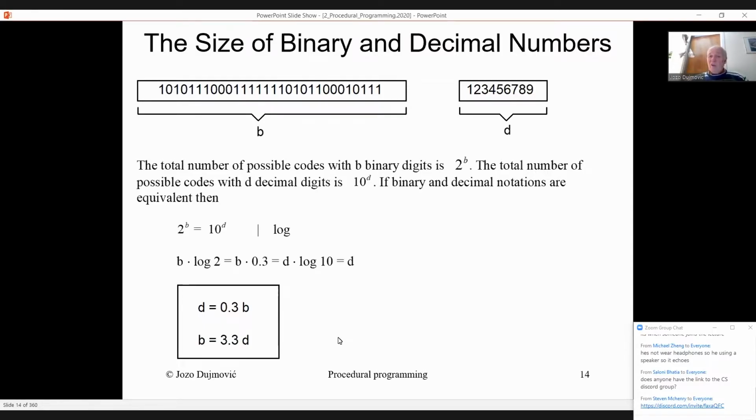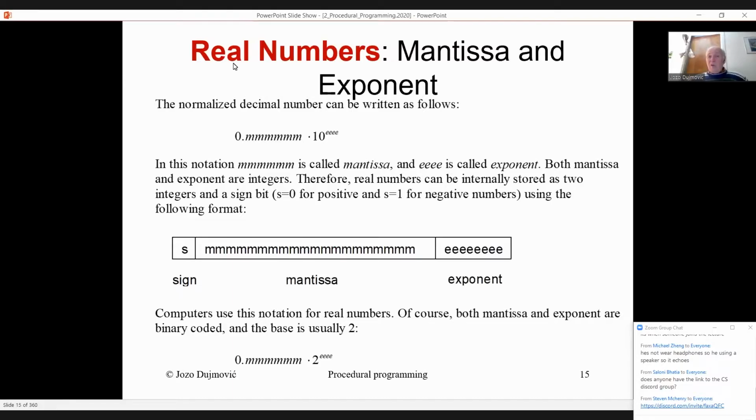Therefore, the answer is no, you cannot fit 10-digit numbers in your computer, and that's it. No way you can put it inside. So it is good to know these two little formulas that tell you the size of a number that can fit in a specific number of bits.